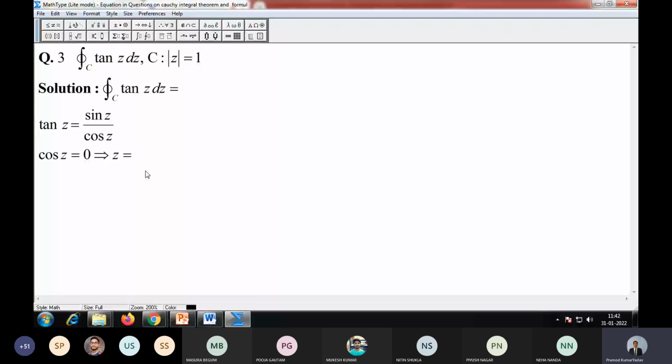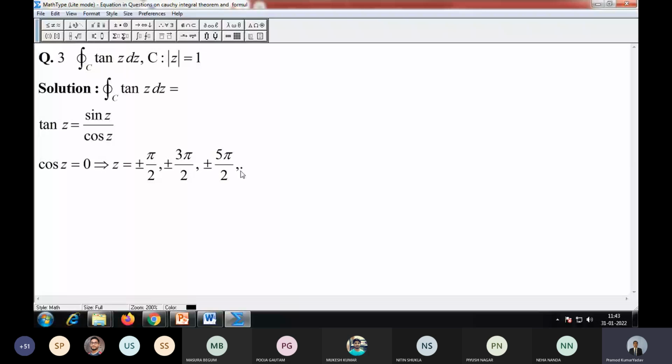It means we can say (2n plus 1) pi by 2, that is plus or minus pi by 2, plus or minus 3 pi by 2, plus or minus 5 pi by 2, and so on. Am I right? Yes, sir.